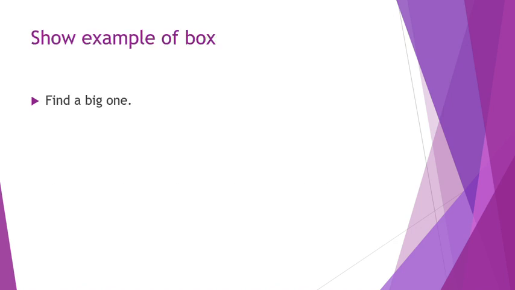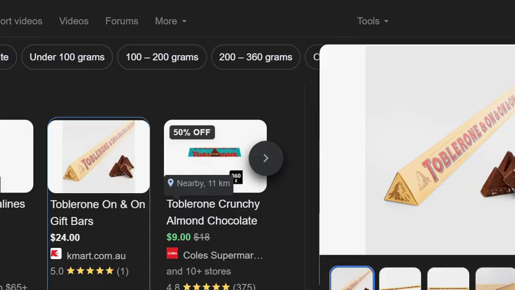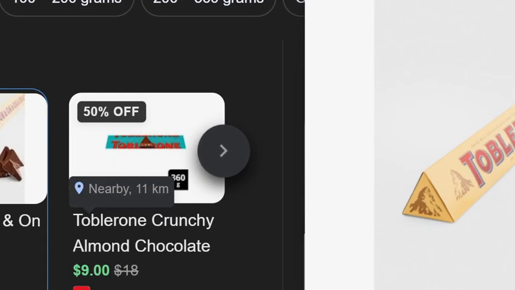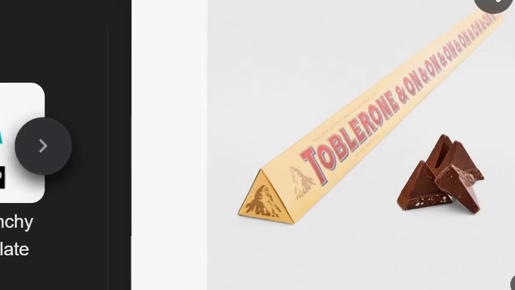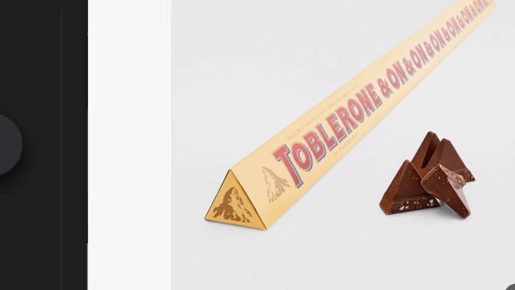Now, it would be nice if I was there in person because I could actually bring in the box and show you. But actually, let me see if I can find it. So if you have a look at this Toblerone right here, as you can see, it's triangular and really long.